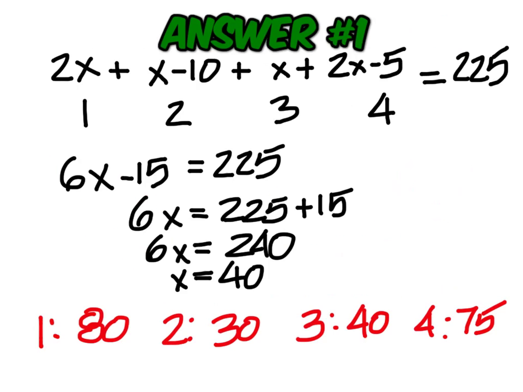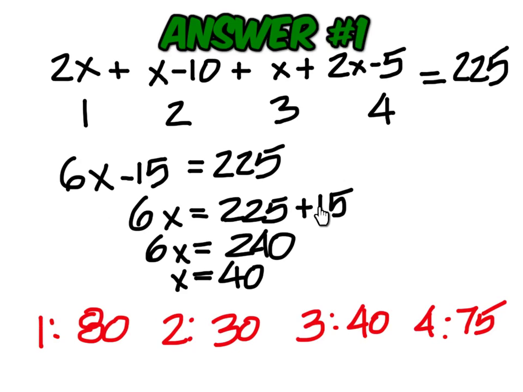For the first one, the reference, or the unknown, turns out to be the third one. And then you should have 2x plus x minus 10 plus that x and plus 2x minus 5 equals 225. You have 6 x's. If you only had 5 x's, you would have come out with, I believe, a 48 or something close to it for your x value, and that would have been off.